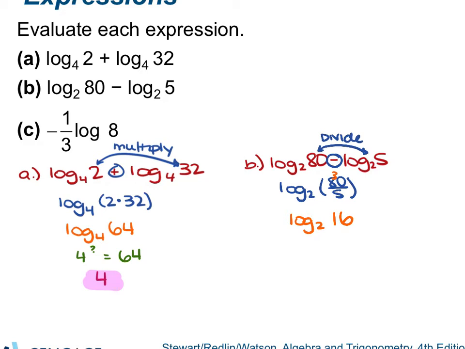So that's log 2 of 16. So ask yourself, 2 to what power is equal to 16? 2 times 2 is 4, times 2 is 8, times 2 is 16. So that would be to the 4th power.